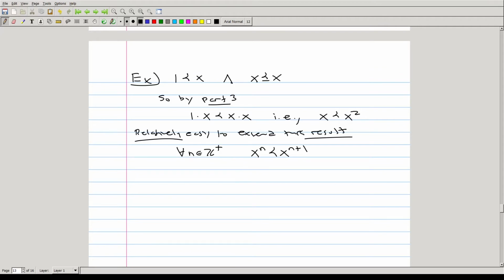Which is going to be very important when we consider polynomials, which many algorithms have runtime of some order of a polynomial, which is very cool.